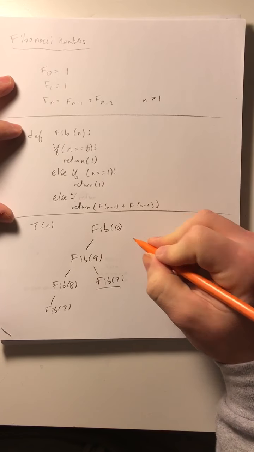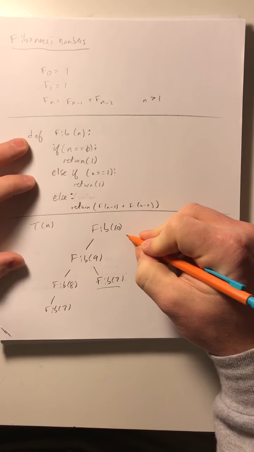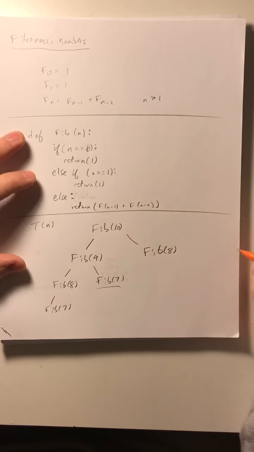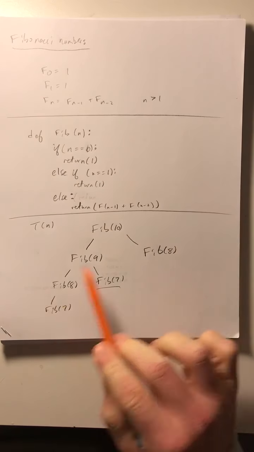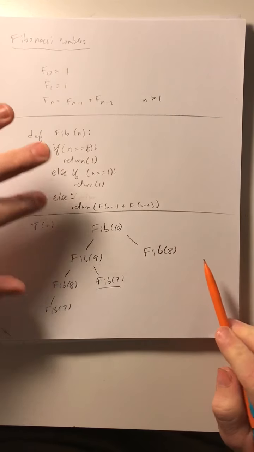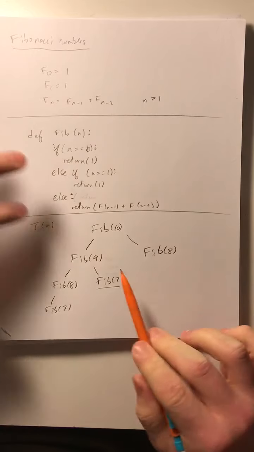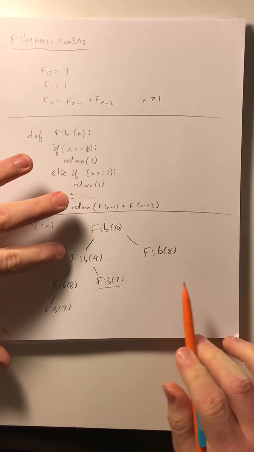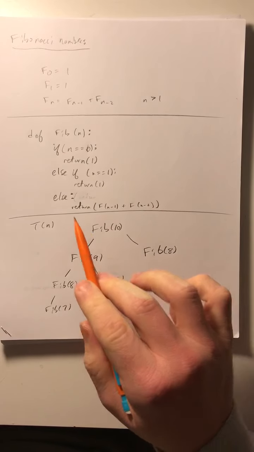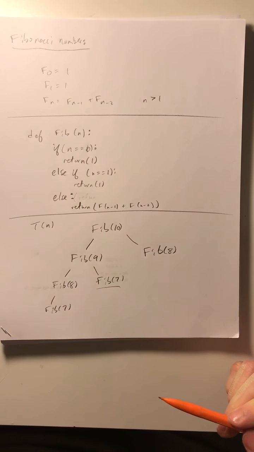And if you notice, if I look at this tree, they call this a recursion tree. It's giving me some idea of which calls are going to make which other recursive calls.